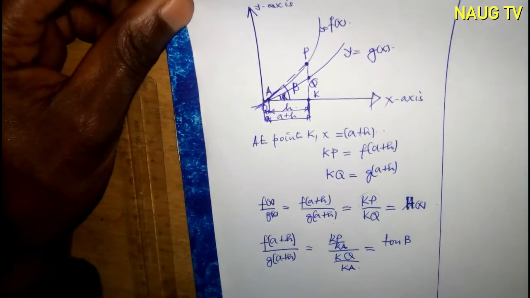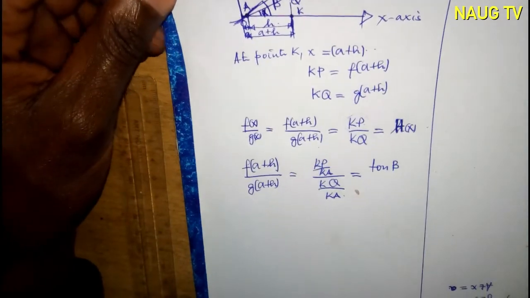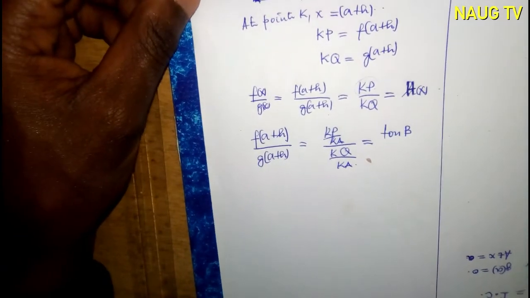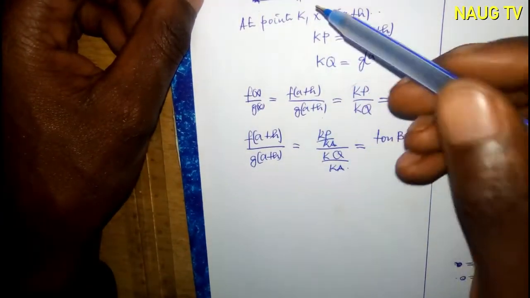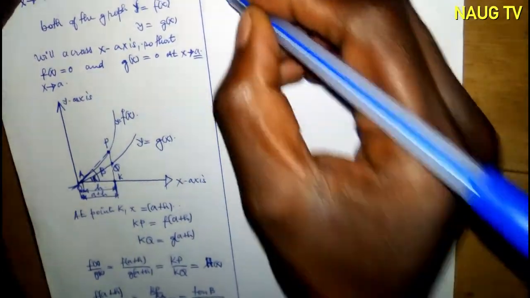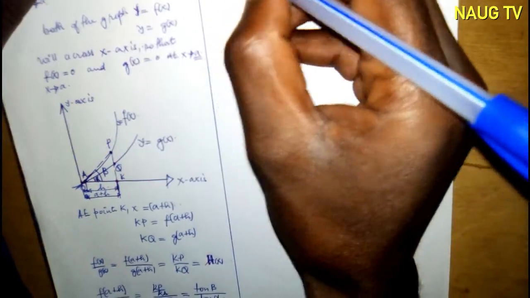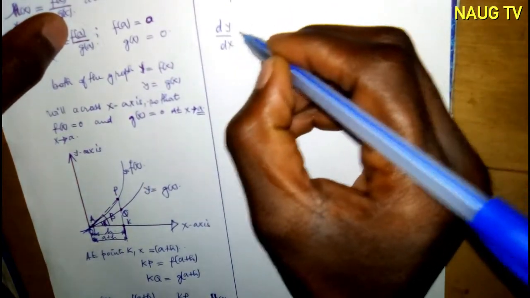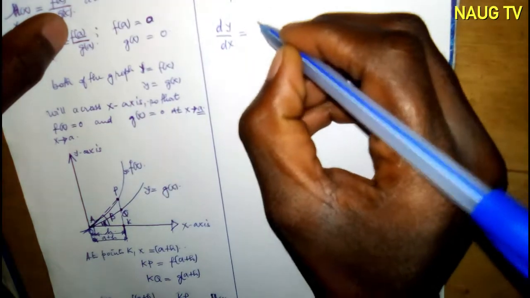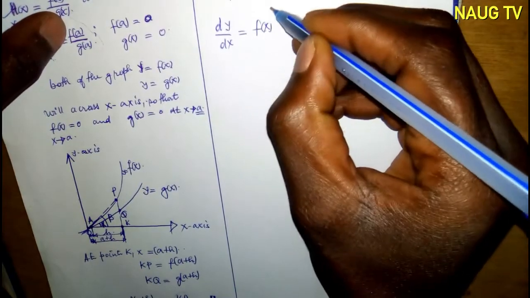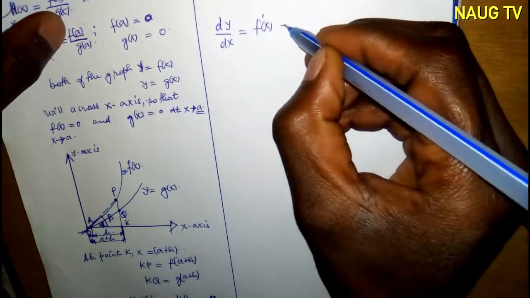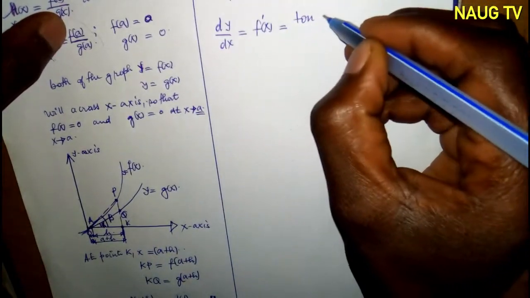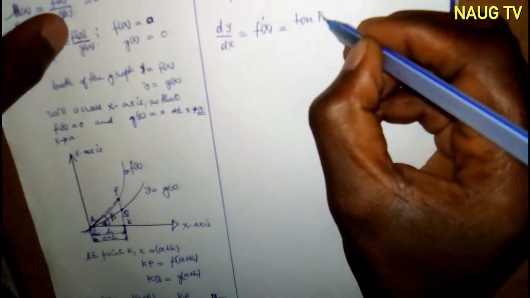This would give us tan of beta. This is simply that dy over dx, which is equal to the derivative of f of x, would be equal to tan of beta.